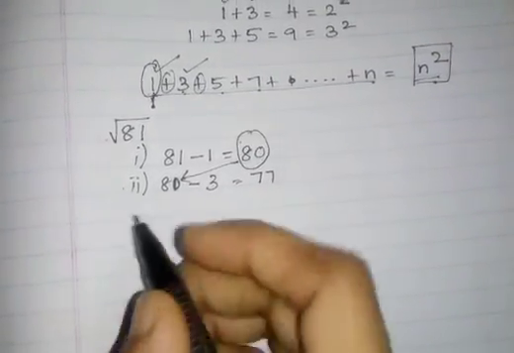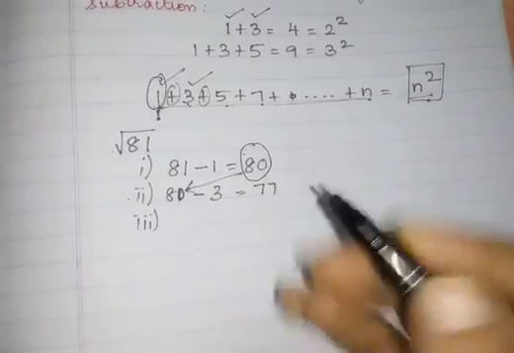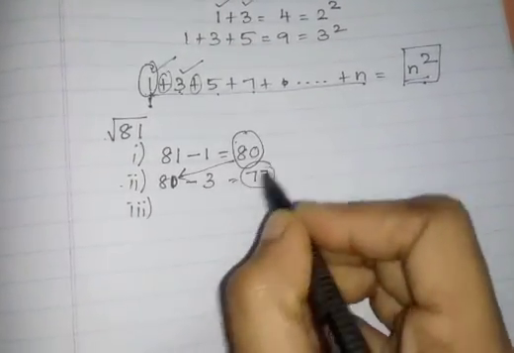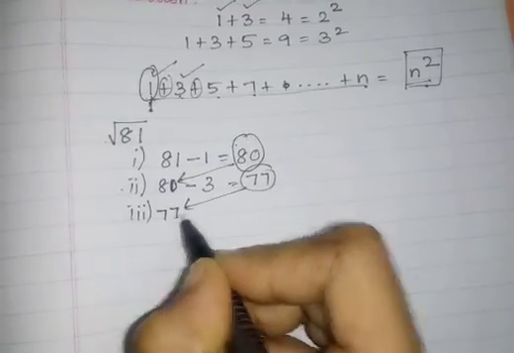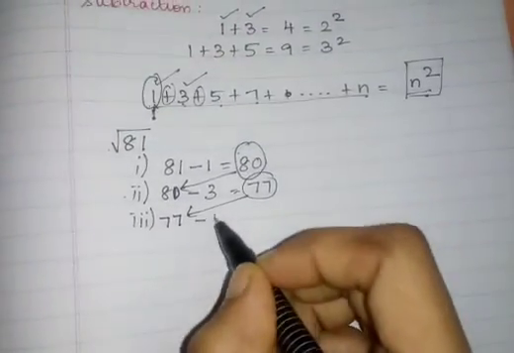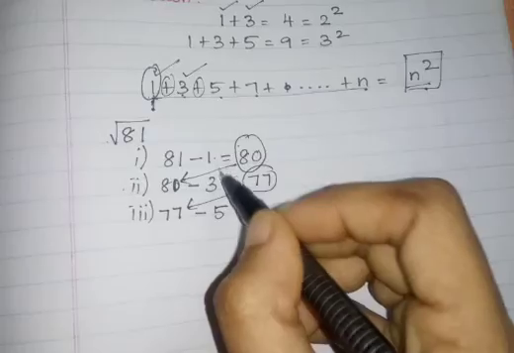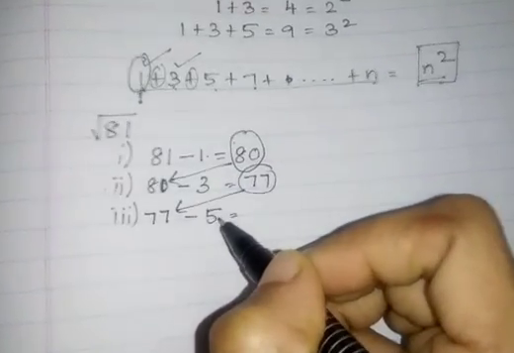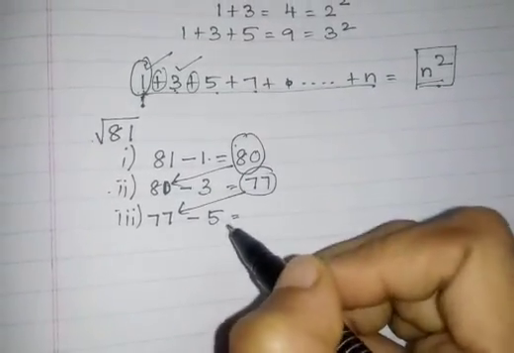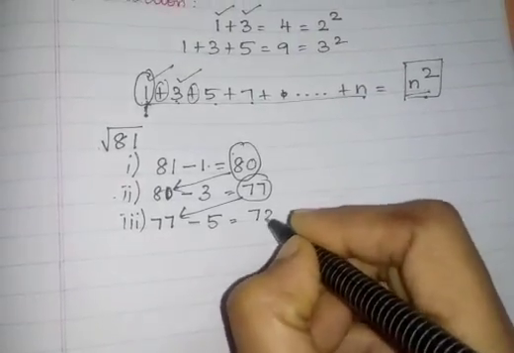Then the third step: 77 minus 5. After 1, 3, the next odd number is 5. 77 minus 5 is 72.